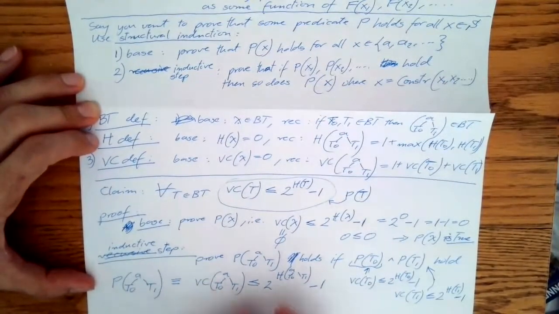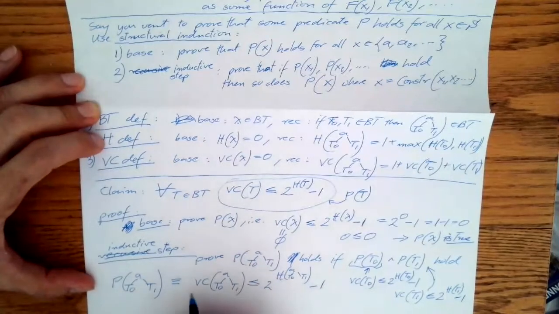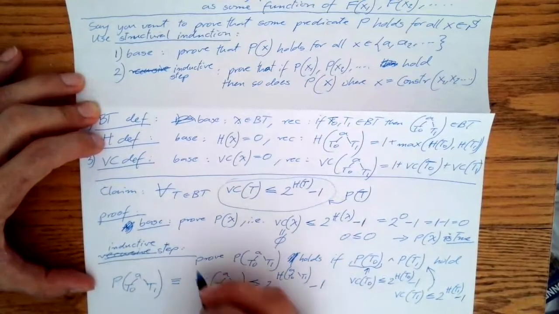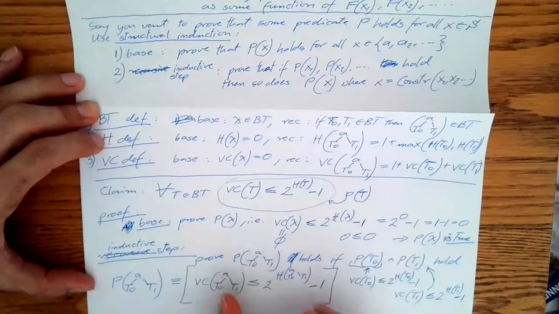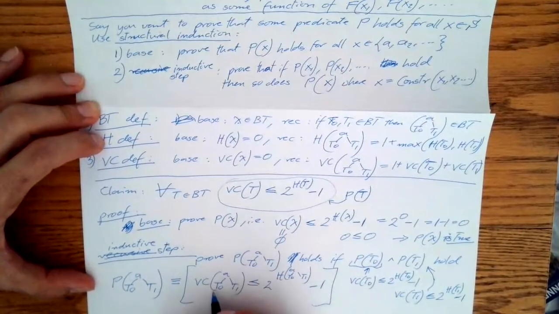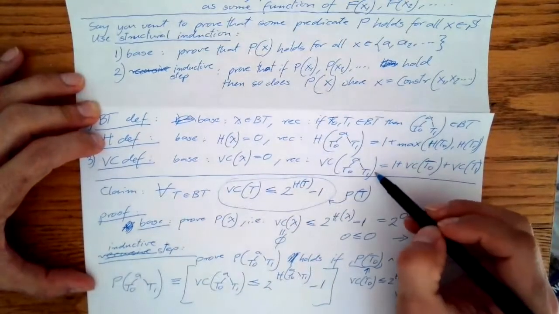Can we use it right now? Not quite yet. But what is the next step? So I know what I have to prove. This is what I have to prove. Okay, do I know what the VC of this recursively defined object is? Yes, I do. It's right here.